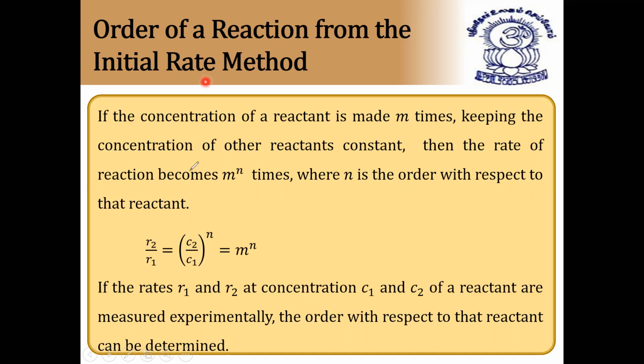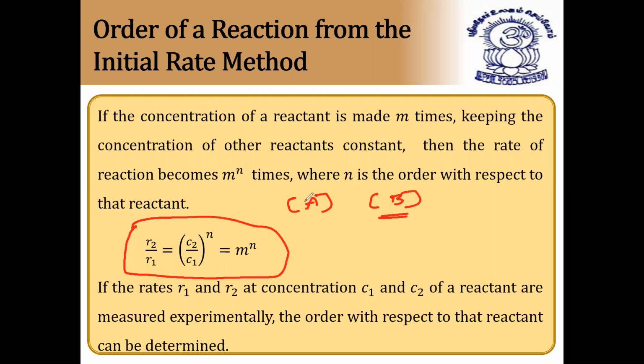If you change the concentration of the reactant, automatically the rate of reaction also changes, keeping others constant. For example, consider two reactants, concentration of A and concentration of B. By keeping B constant, if you increase the concentration of A by 5 times, then the rate of reaction changes also.